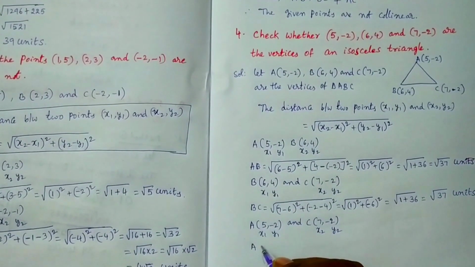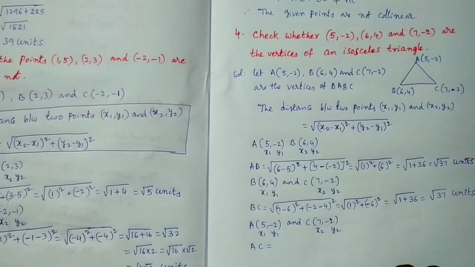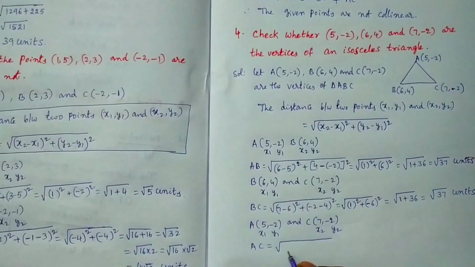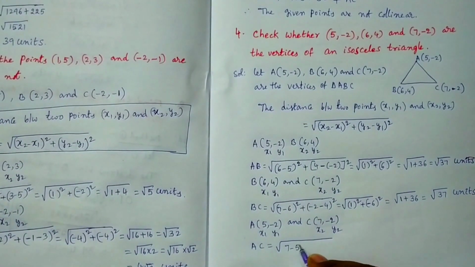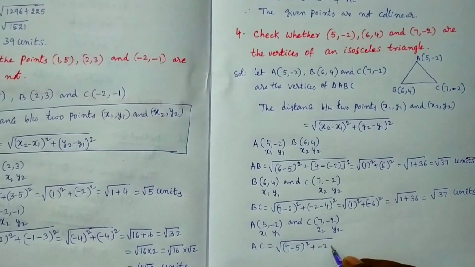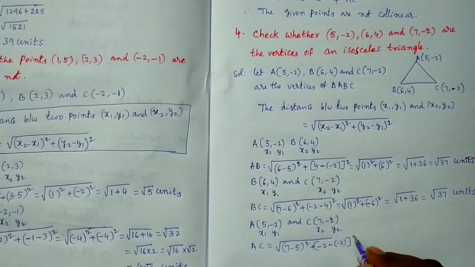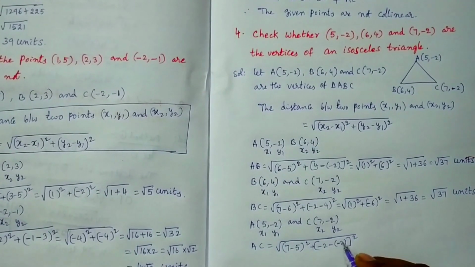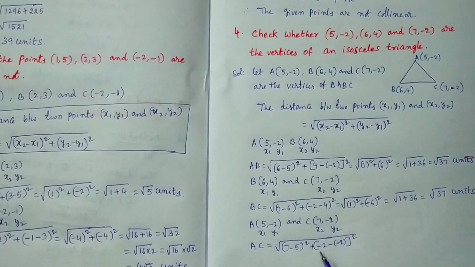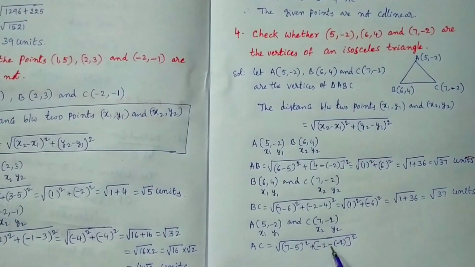Take the distance or length. AC equals x2 7 minus x1 5 whole square plus minus 2 minus of minus 2 whole square. y2 minus 2, in the formula minus is there, again y1 is minus 2.